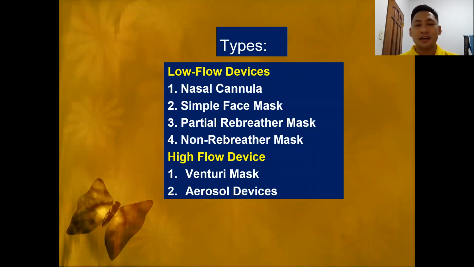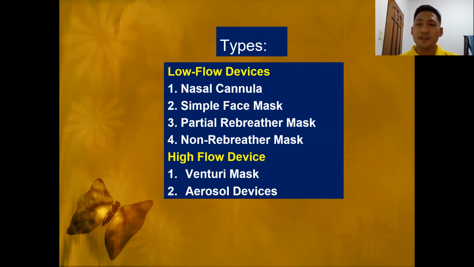The oxygen therapy devices can be categorized into low flow devices, which include nasal cannula, simple face mask, partial rebreather mask, non-rebreather mask, and high flow devices such as Venturi mask and aerosol devices.